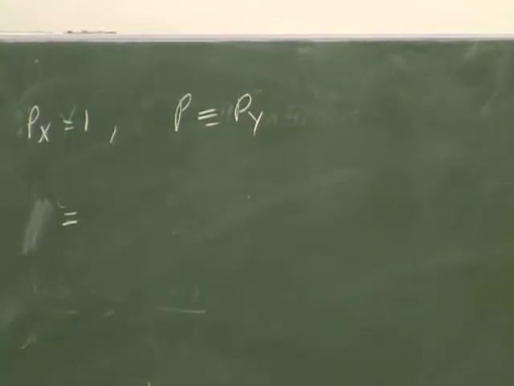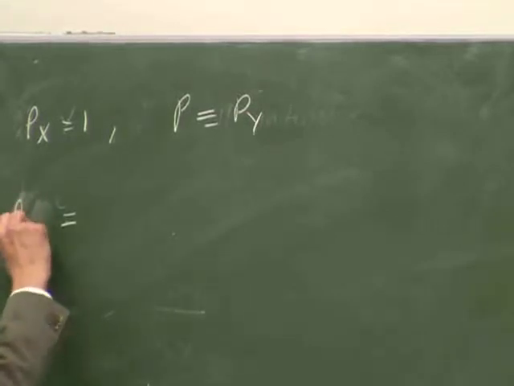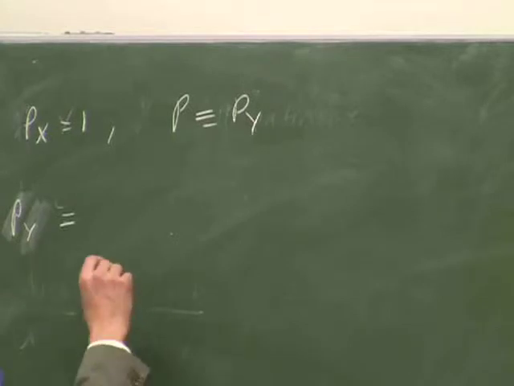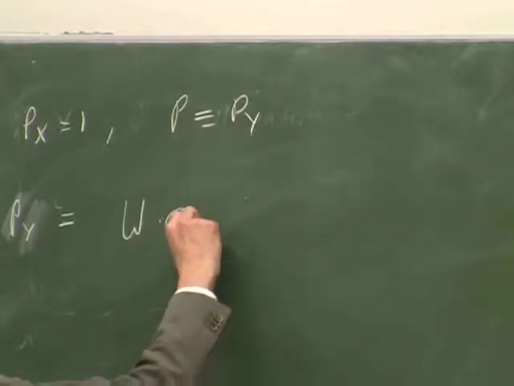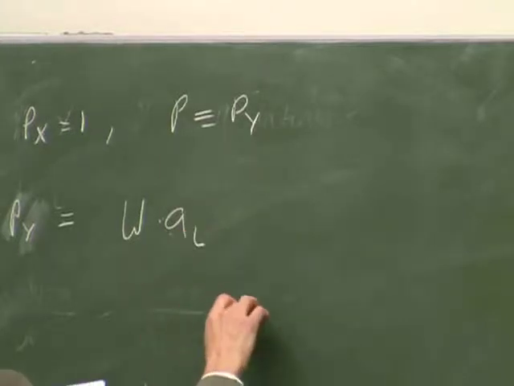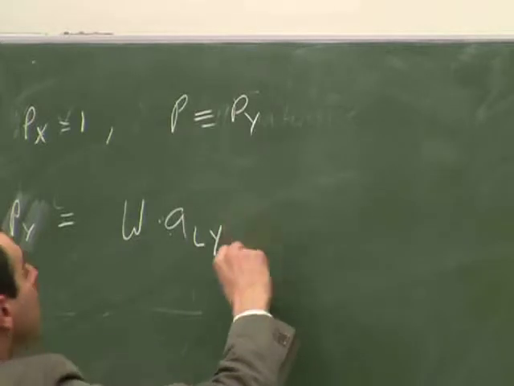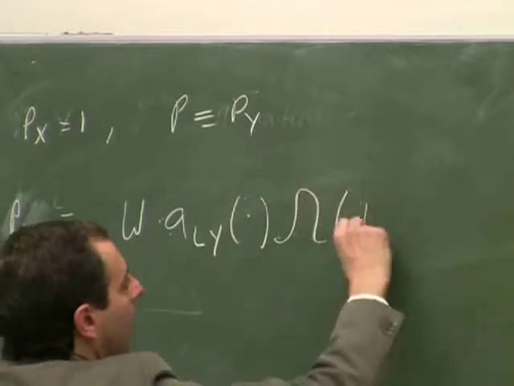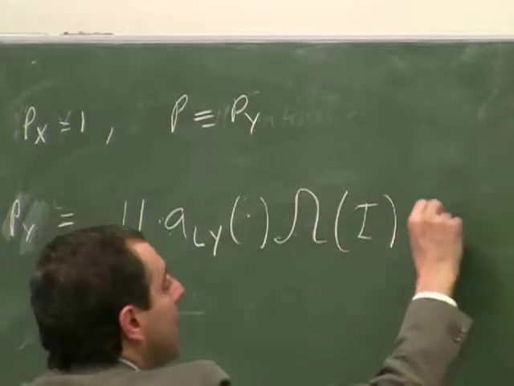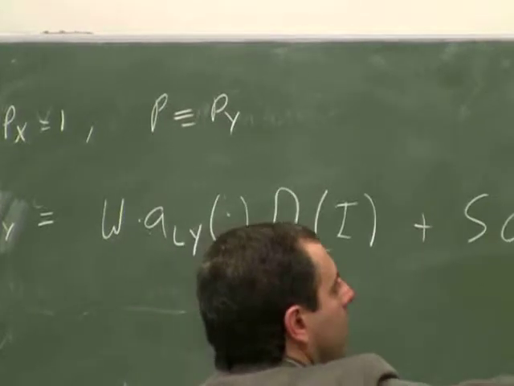Py is going to be equal to W times A times L of Ly times this dependency omega I, plus S times the HY dependency.